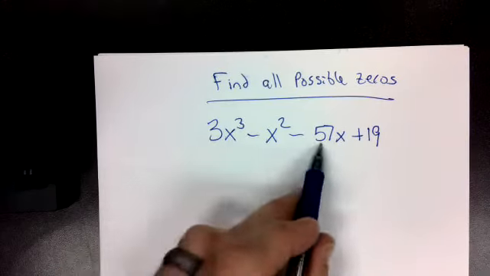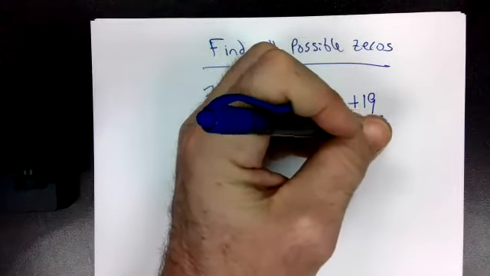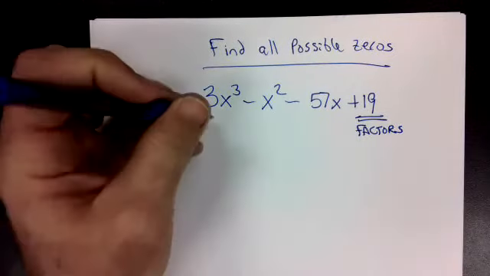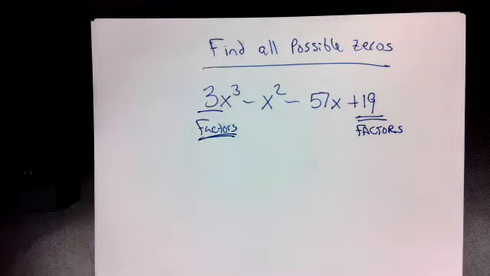Okay. Again, my possibles are going to be all of the factors of this guy divided by all of the factors of this guy. Now, while 19 is a big number, it's also prime.